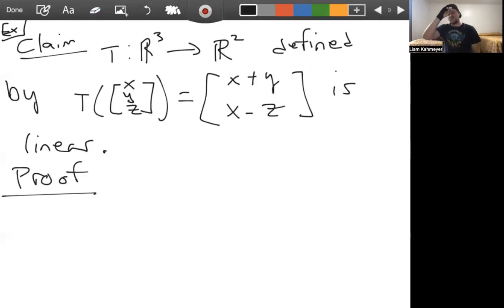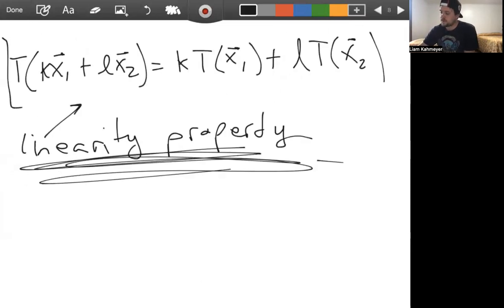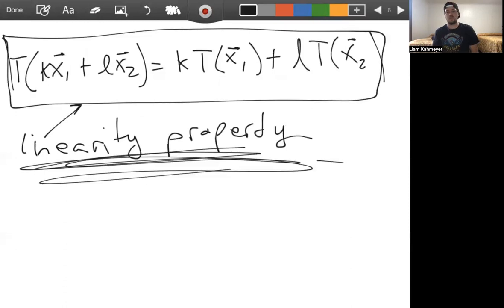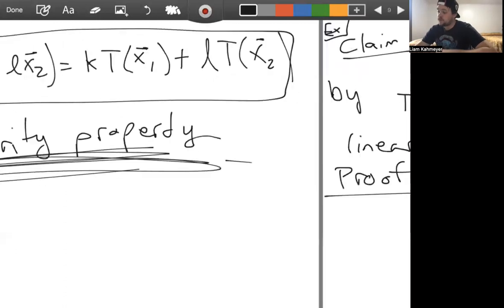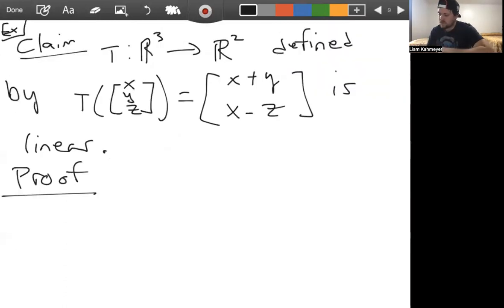Now, how do we prove that? Well, to prove that, we need to show this property. If we can show that this holds for the specific transformation, then that would show that it's linear. So what do we need? We need two vectors.